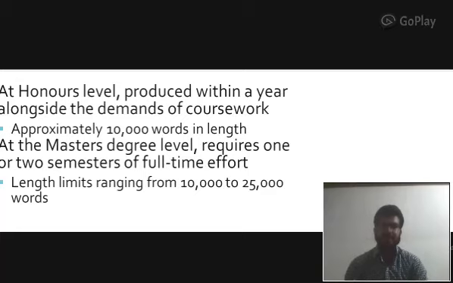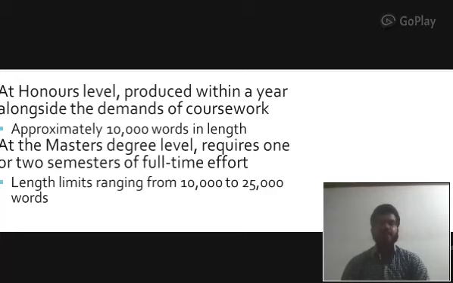So this is the last year where the students continue their regular studies, but at the same time they are also doing a research project. And at honors level, the word length of a thesis is approximately 10,000 words.